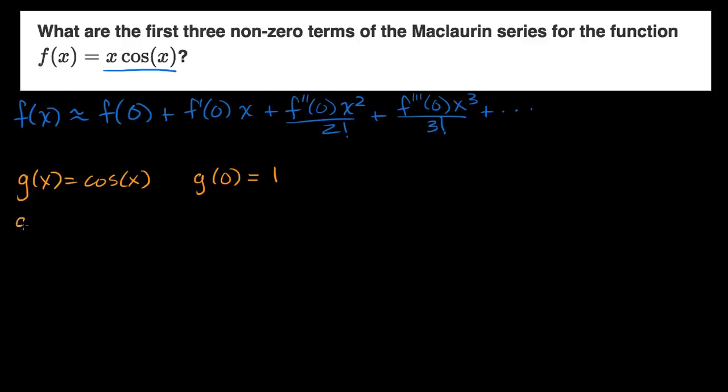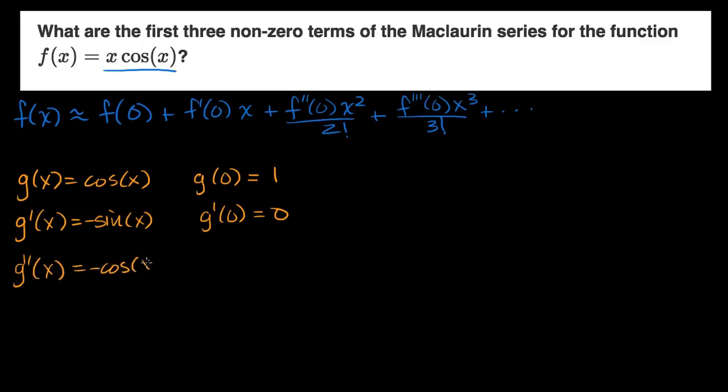If g of x is equal to cosine of x, then g of 0 is going to be equal to 1. And then the first derivative would be equal to negative sine of x. So the first derivative evaluated at 0 is 0, negative sine of 0 is going to be 0. And then the second derivative, the derivative of sine is cosine, so it's negative cosine of x.